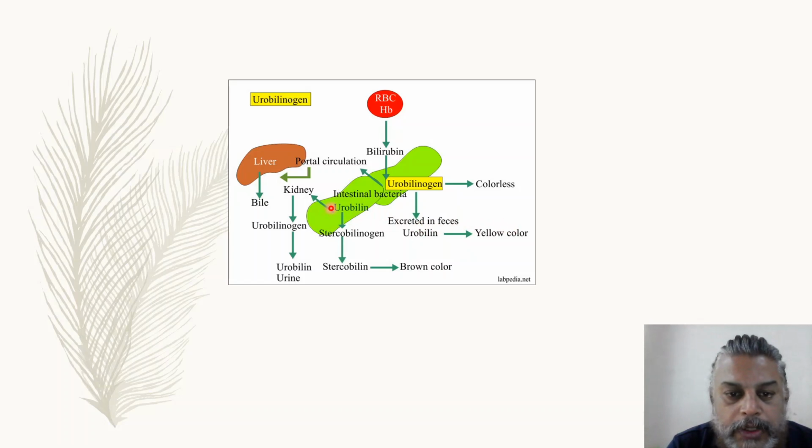Some part of the urobilinogen is taken from the intestine into the portal circulation, and from the portal circulation to the systemic circulation, and comes to the kidney, and in the urine it is excreted as urobilinogen and urobilin. That means if the patient has obstructive jaundice, this part would usually not be seen.